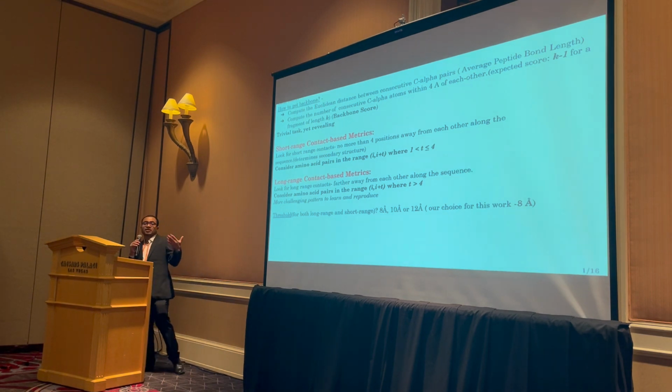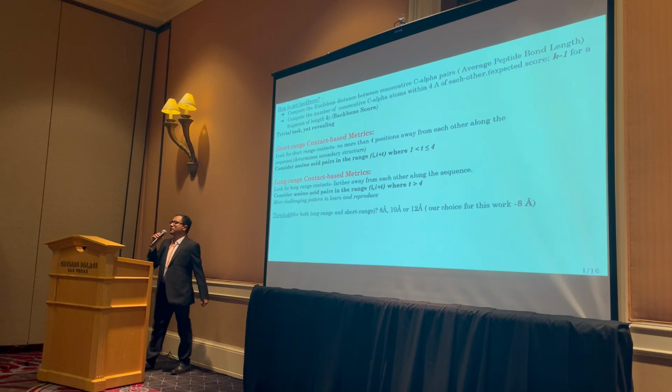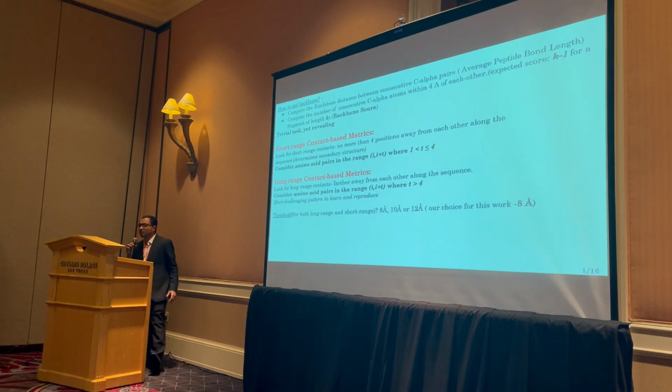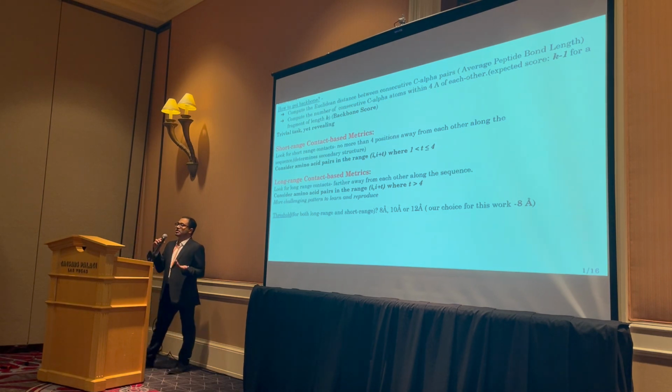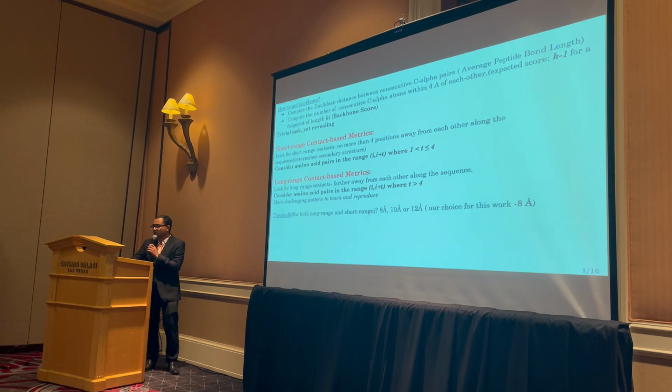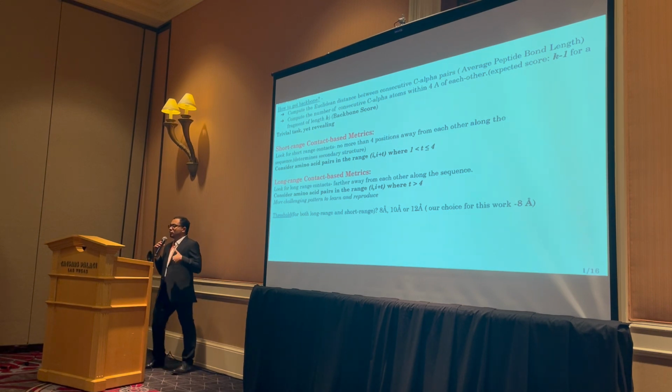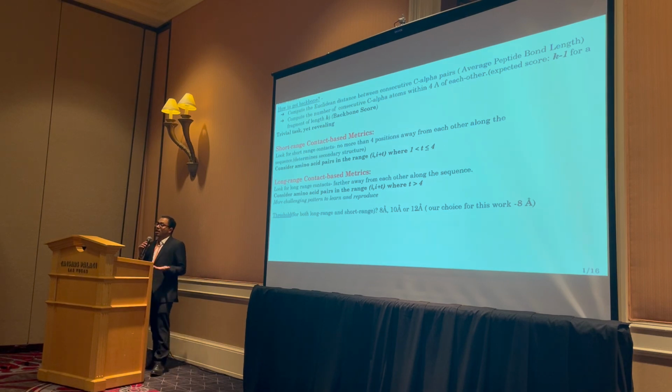So the expected score here is k-1 for a fragment length of k. Although this task is trivial, it can reveal a lot about the quality of the model and the generated conformations.